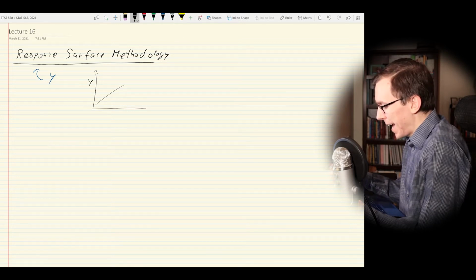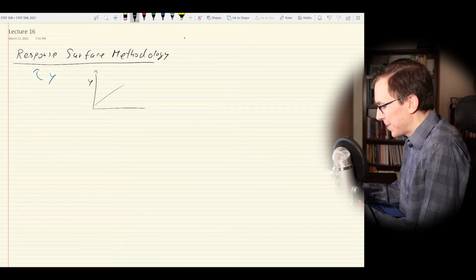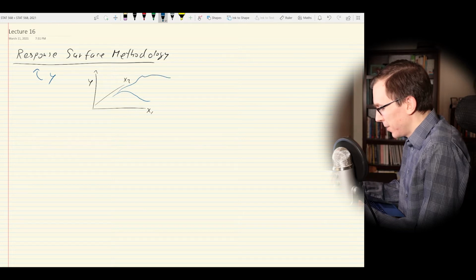Let's do that better. If we have y, say, and then we have some factors, let's say x1 and x2, then what we're really trying to do is we're trying to figure out how does the response variable y depend on x1 and x2.